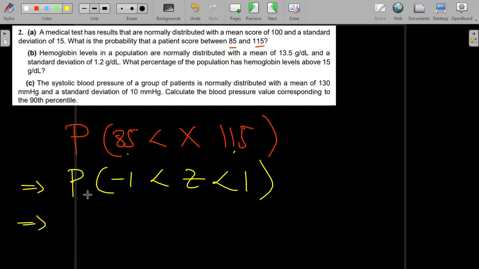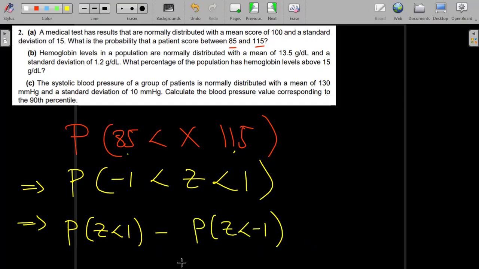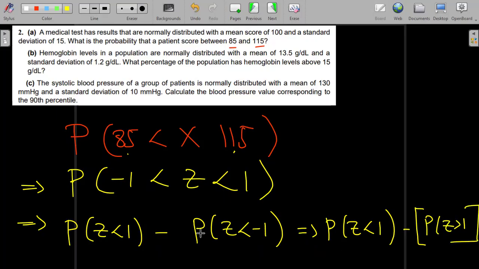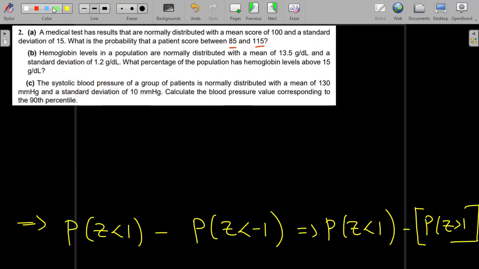We said this one is the same as the probability that z is less than 1 minus the probability that z is less than minus 1. By the symmetric property, the probability that z is less than minus 1 is the same as the probability that z is greater than 1. From there, we apply the complement property.